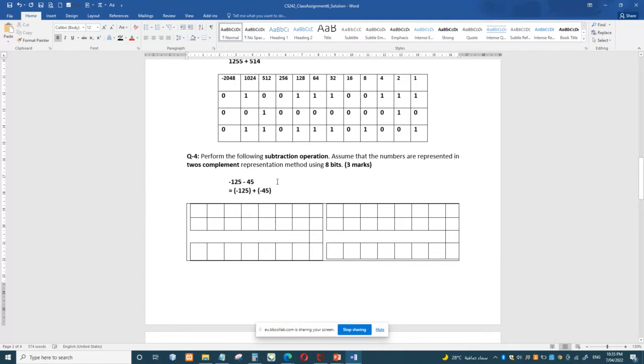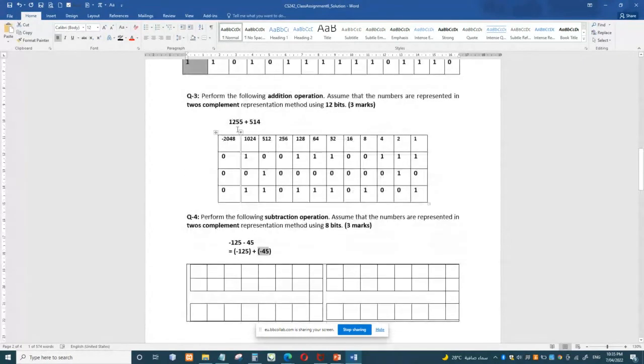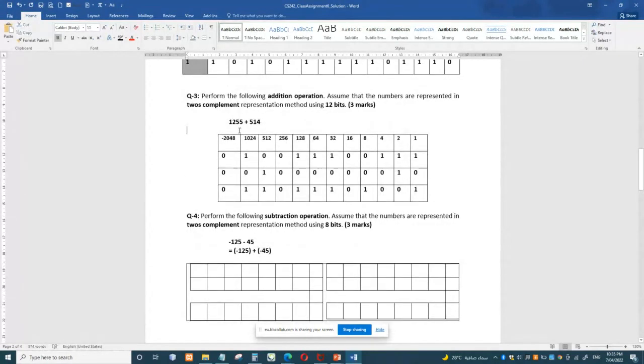So we are not going to subtract; rather, we are going to add two negative numbers, one is minus 125, another is minus 45. We just add these two negative numbers, and that way we'll perform the subtraction operation. Is it clear to everyone? Clear. Yes.